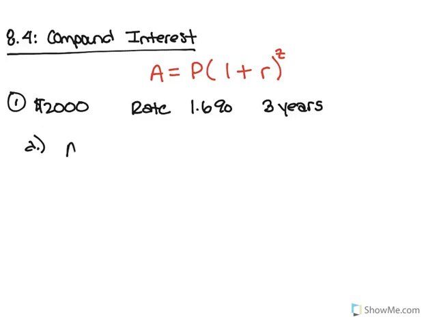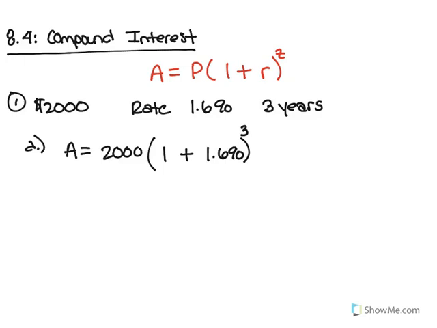So we're going to say A equals, the principal is $2,000 times 1 plus, our rate is 1.6%, and we're going to raise that to the what power? To the third. Okay, to the third.